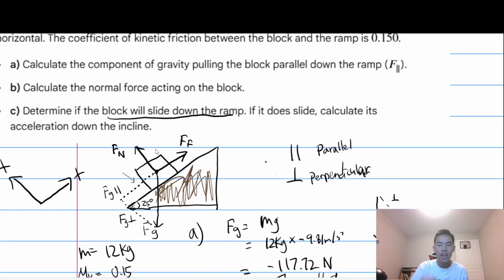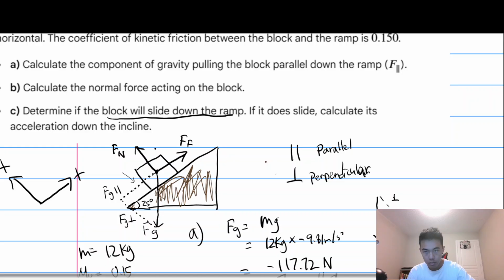So we got A. So that is pulling the block parallel down the ramp. That would be the first one we got, which is negative 49.75 newtons.